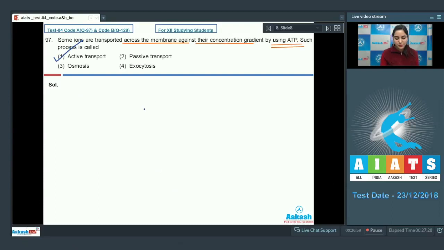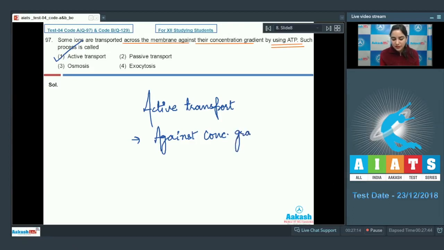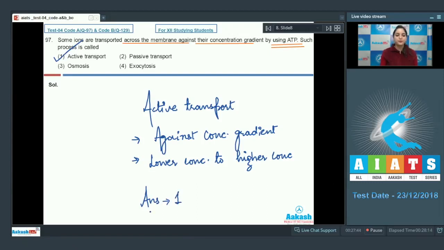The answer is active transport, because during active transport, transport happens against concentration gradient, which means particles move from lower concentration to higher concentration. Therefore, students, what's the right choice? The right choice is option 1. I'll write down, answer is option 1.